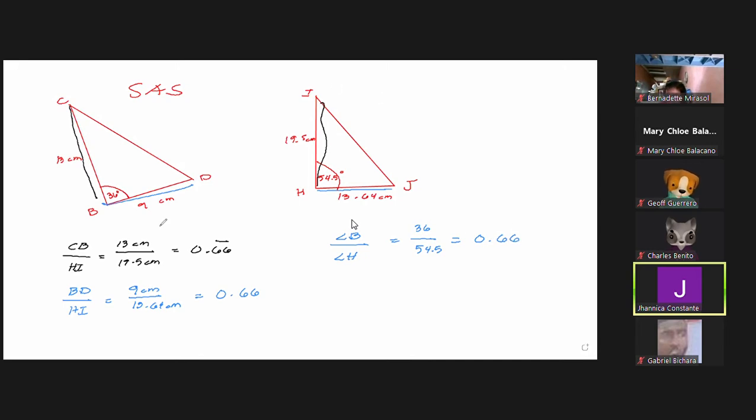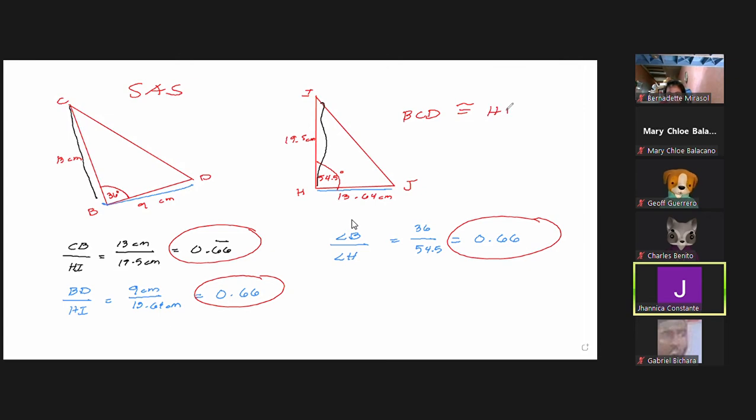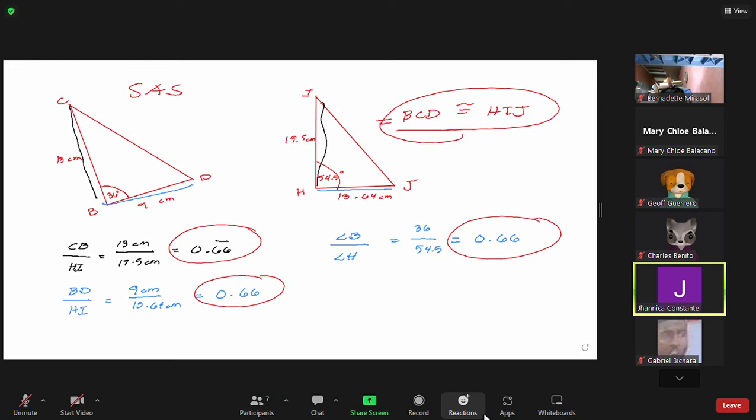So they have the same proportion between the two corresponding sides and the corresponding angles that we have. So triangle BCD is congruent to triangle HIJ. So we have proved that these two triangles are congruent.